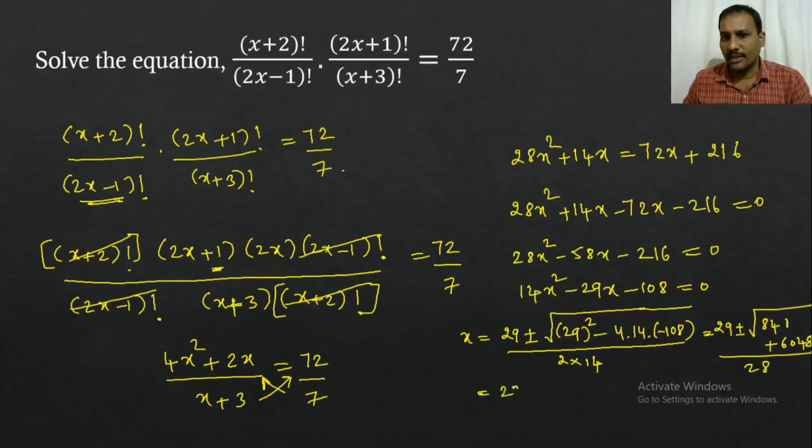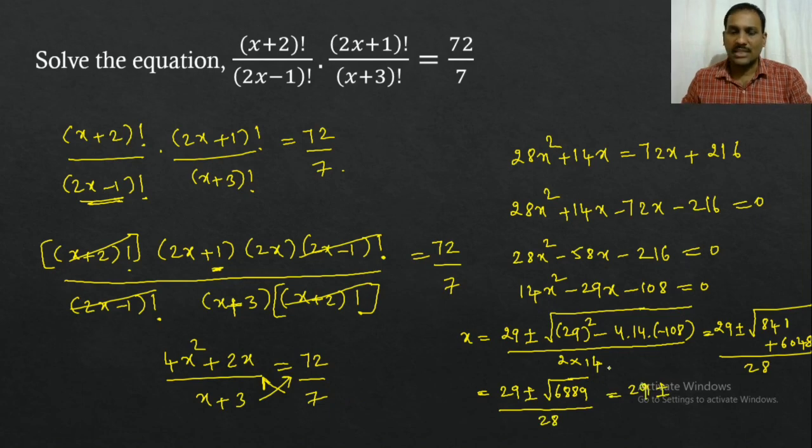And 6048 plus 841 can be written as 6889. So 29 ± √6889 over 28. The square root of 6889 is nothing but 83.